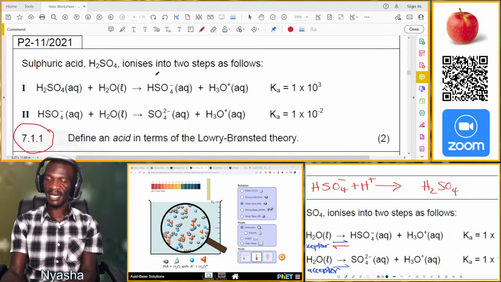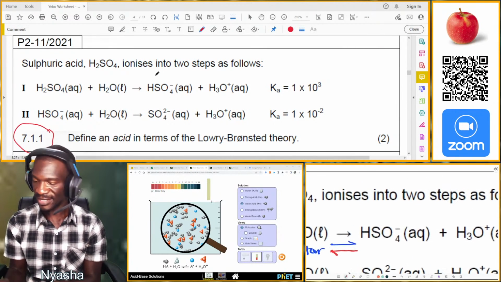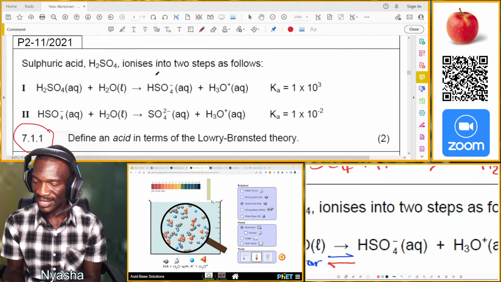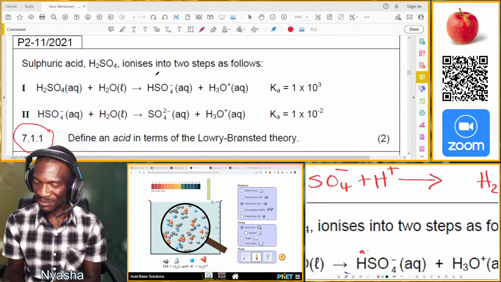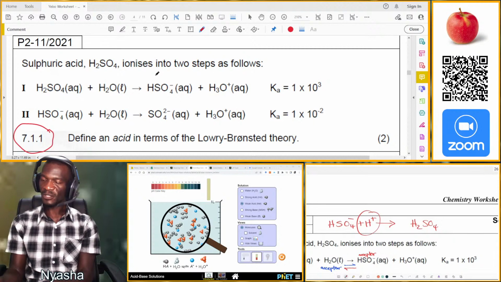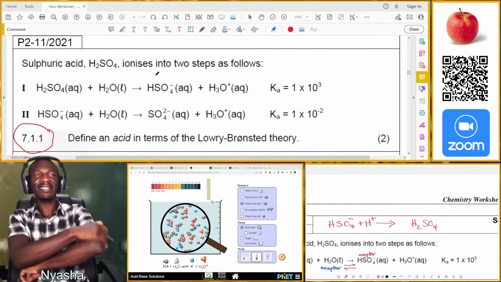So the ions are now balanced, and we can tell that in the reverse reaction, HSO4 must be an acceptor. It is accepting this hydrogen ion to form sulfuric acid. So that's what we have seen. It is an acceptor.